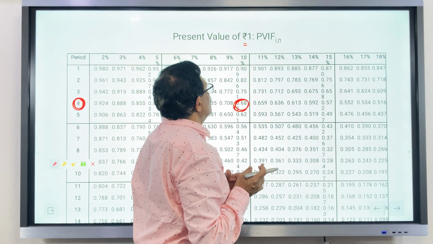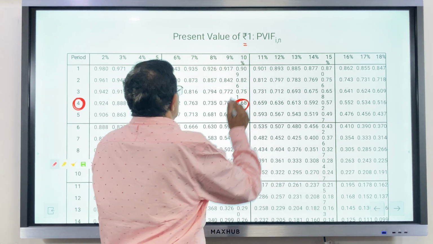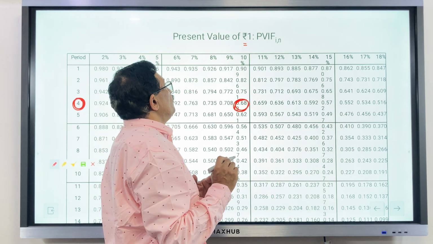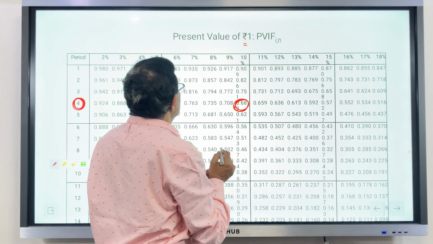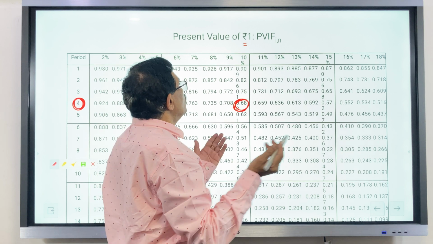That is the reason actually these particular tables are given to us to simplify the matter. Let us manually find out whether this particular table value is correct or not first. So, what is the present value of 1 rupee which is received at the end of the 4th year? Let us calculate that and find out whether this figure which is given in the table value is correct or not. How do you do that?